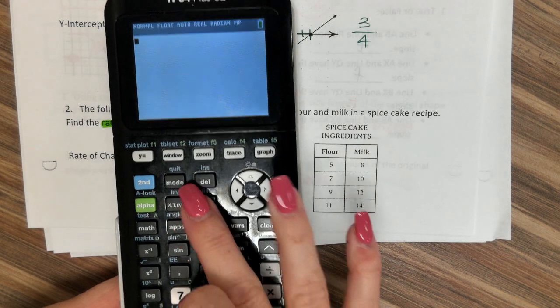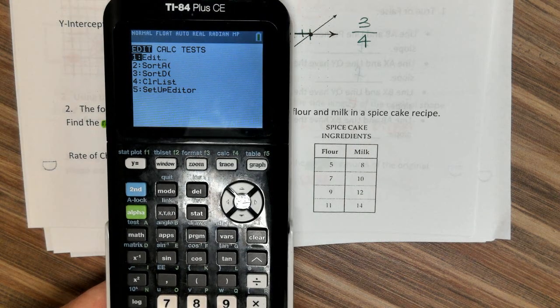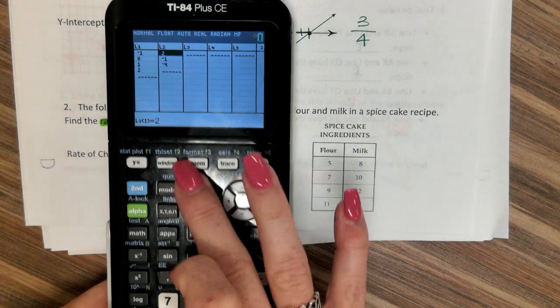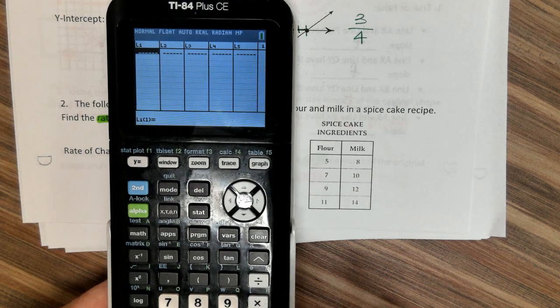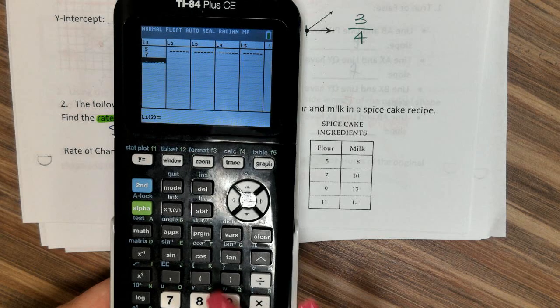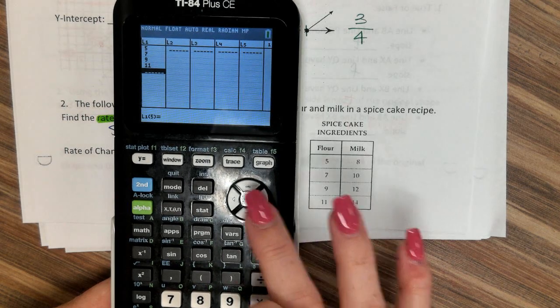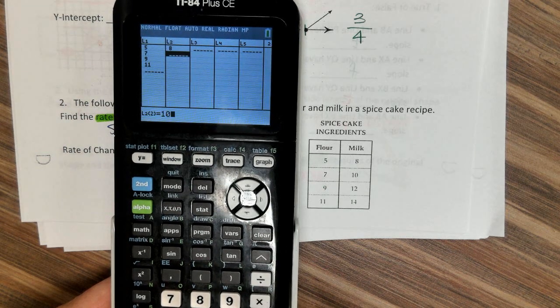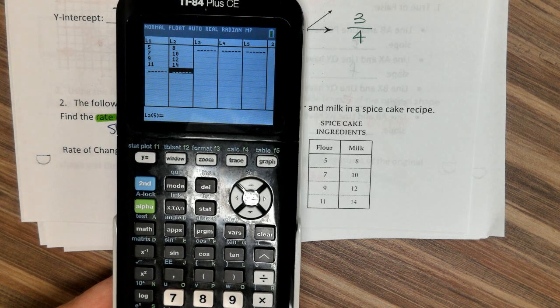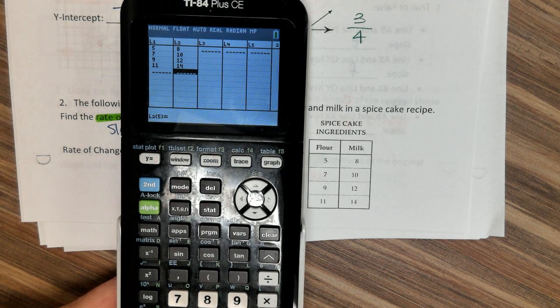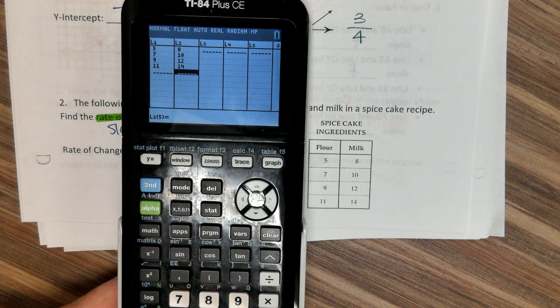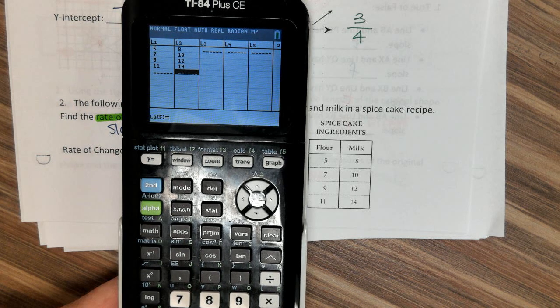Let's go to stat. Now where do I go? Edit. I'm going to delete anything that's there. And I'm going to type this in. I should see everybody doing this with me, and some of you haven't even opened your calculator.